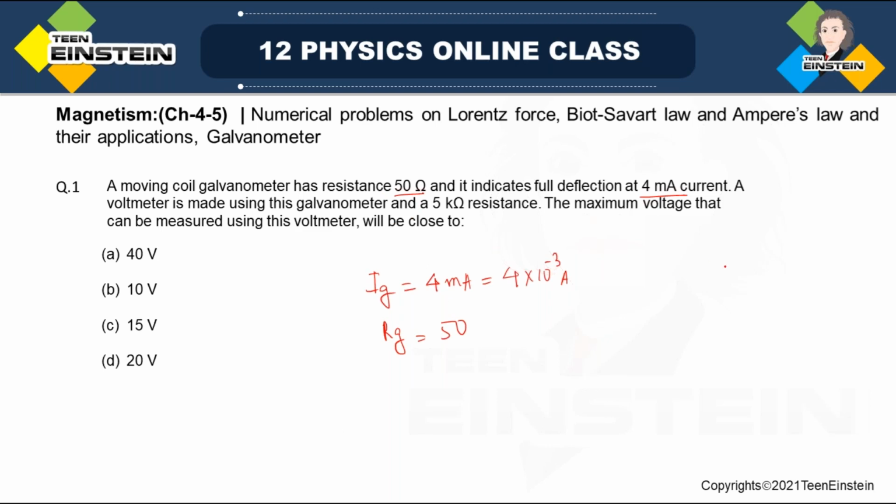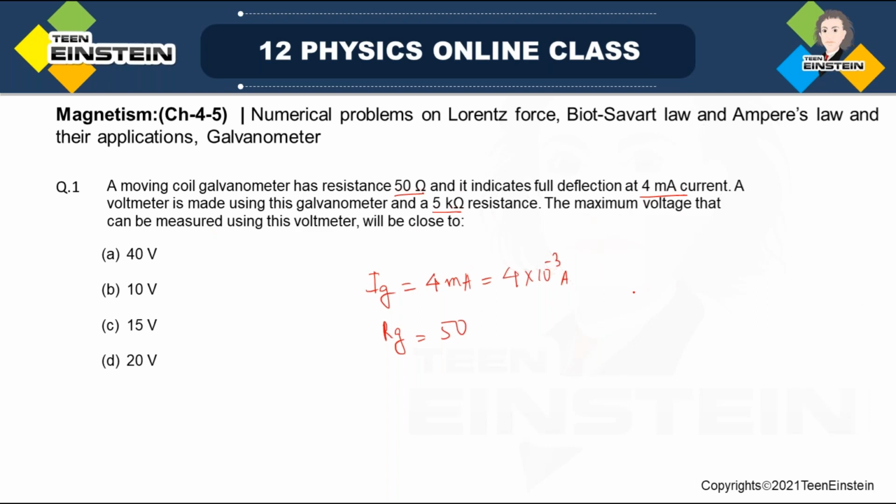Now look, we have to convert this galvanometer into a voltmeter using a resistance Rs, or simply R. So the maximum voltage that can be measured using this voltmeter is how much?